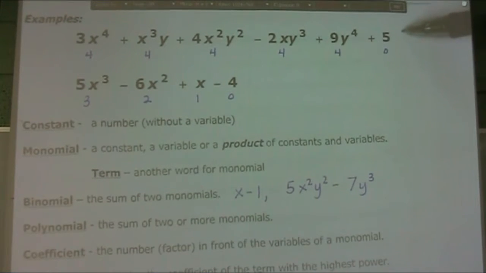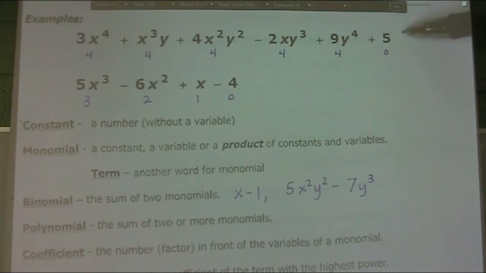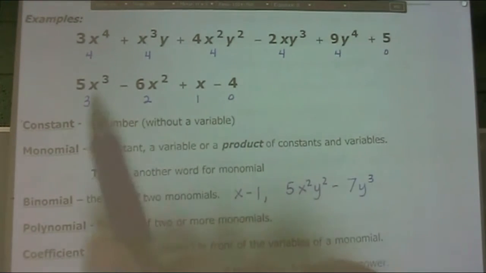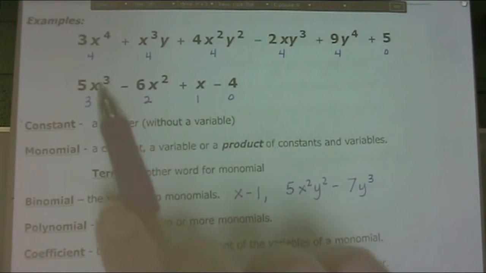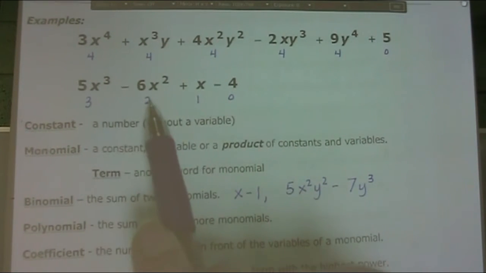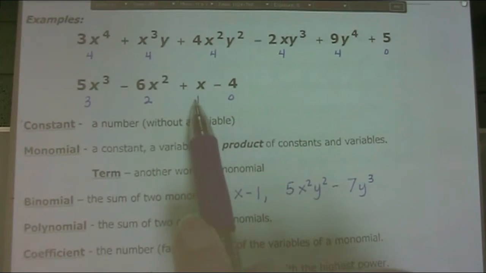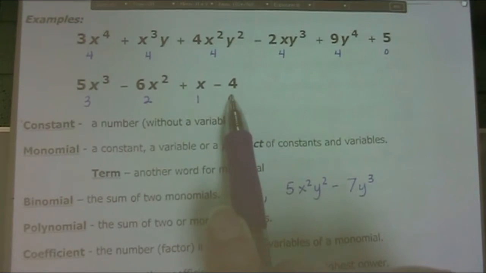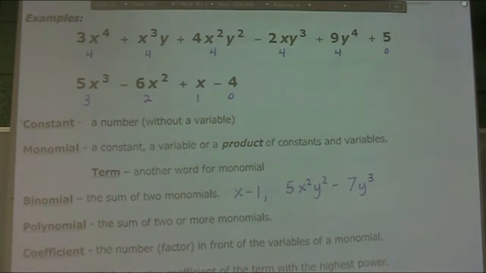So back to our examples, this polynomial would not apply because it doesn't have one variable. This one does, it just has x. So I'm going to start with the highest degree monomial, and the next highest, and the next highest, until the constant comes last. This is what we call descending order. And we're going to want to write our polynomials in descending order.